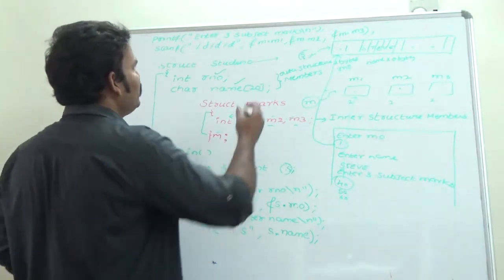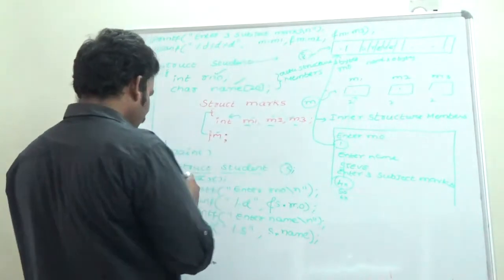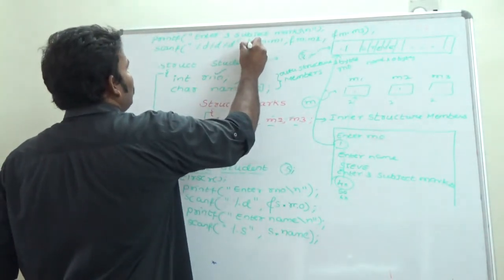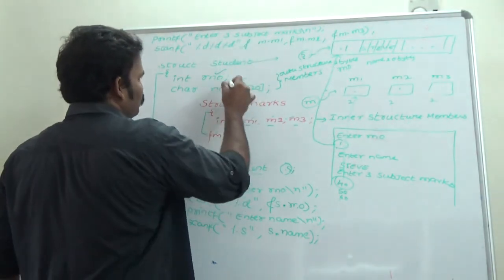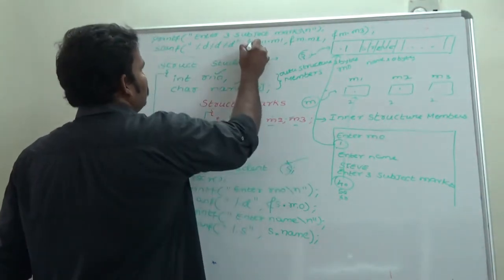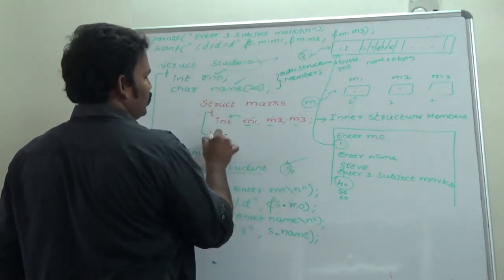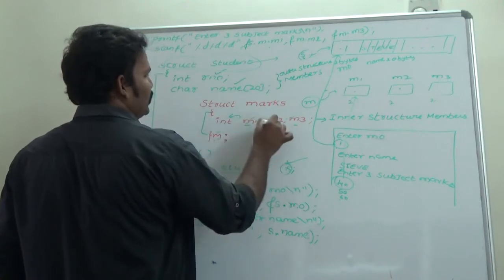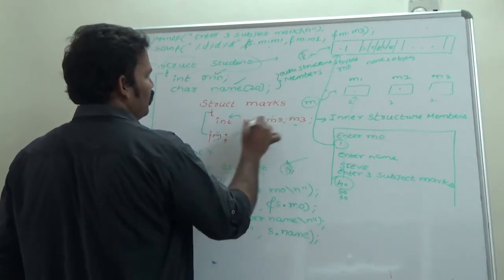So before the inner structure object we must write the outer structure object also. The outer structure object is S, so it is S dot M dot M1, completed. Next S dot M dot M2, next S dot M dot M3.